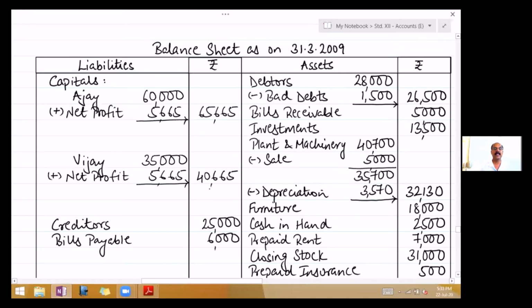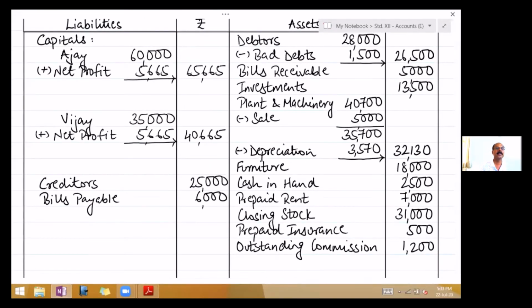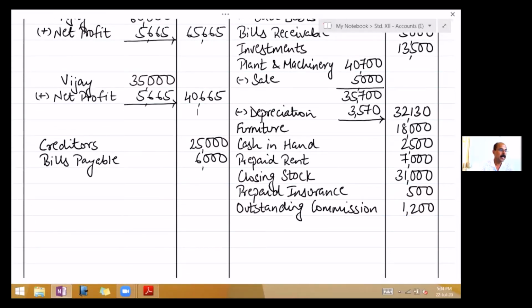And check whether balance sheet tallies. So take the total. The liability side total is 65,665 plus 40,665 plus 25,000 plus 6,000. That comes to 1,37,330 on the liability side.